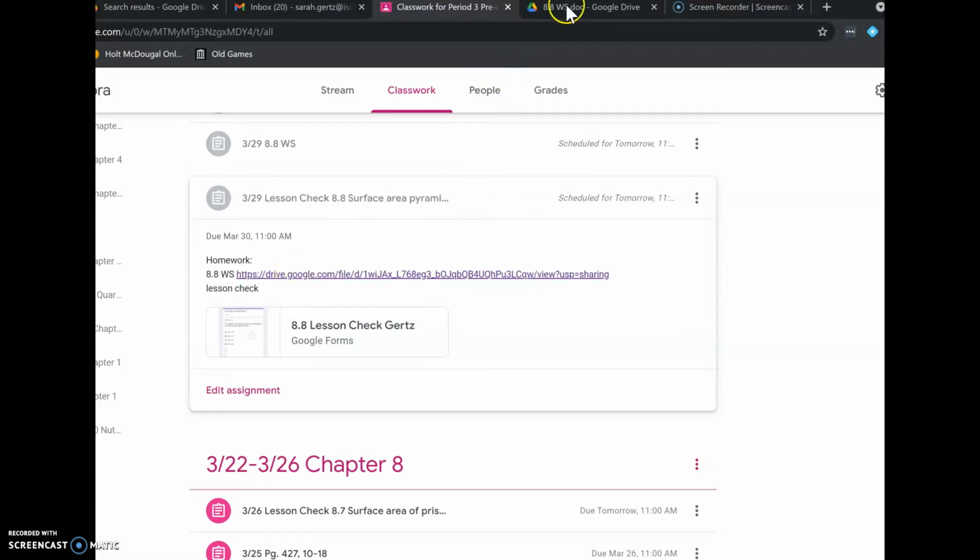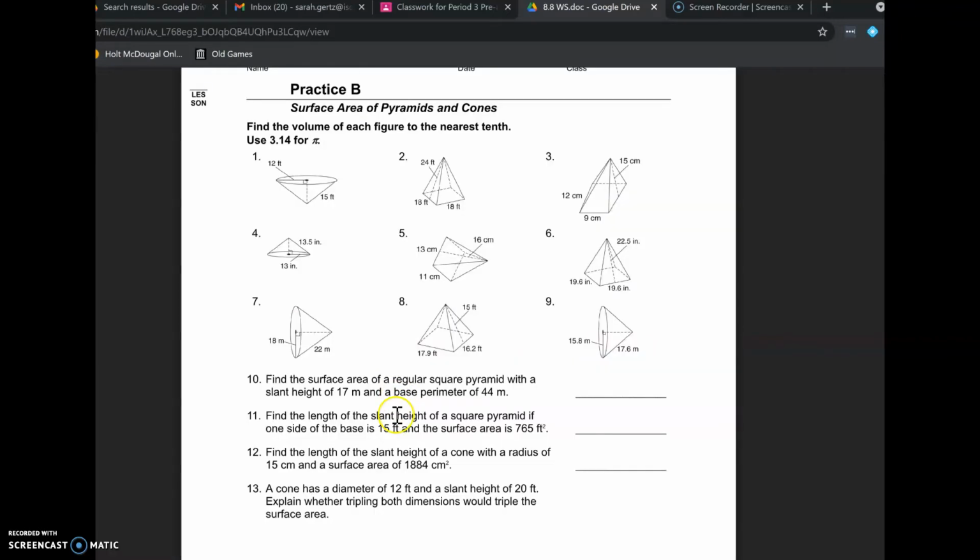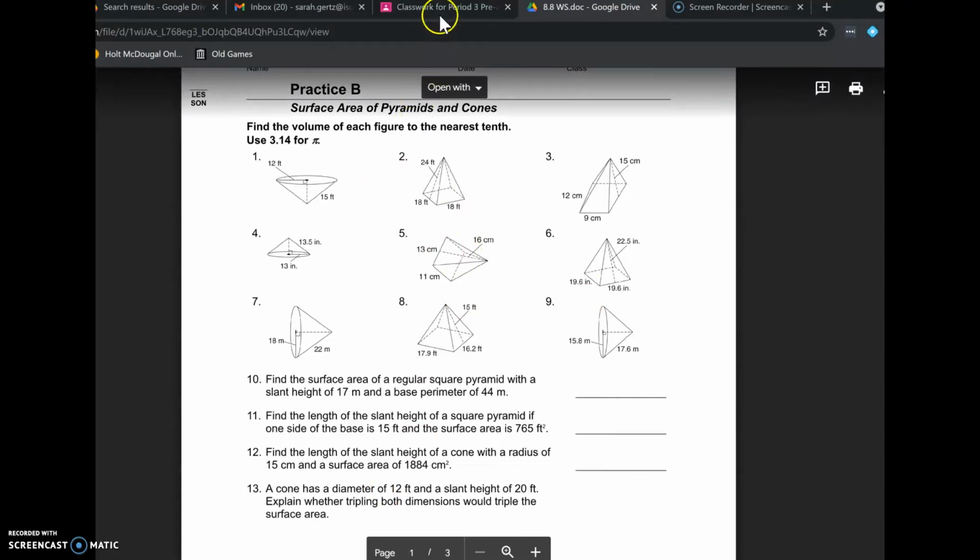Okay, so the worksheet is, I want you to do 1 through 9 odds, so do the odds, and then that's it. Just do 1 through 9 odds, and then the lesson check.